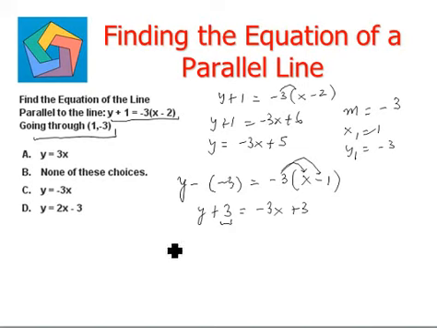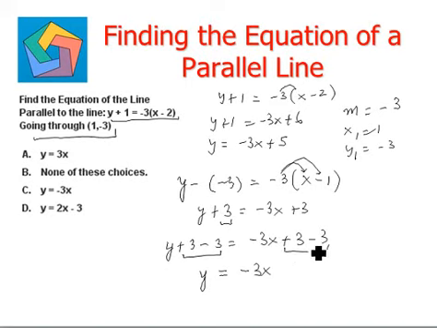For that we need to subtract 3 from both sides. So this is what we get. A positive 3 minus 3 is 0. So y equals negative 3x only, because this 3 minus 3 also is 0. So the equation of the line parallel to the given line is y equals negative 3x. This can be seen in option C, which is the correct answer.